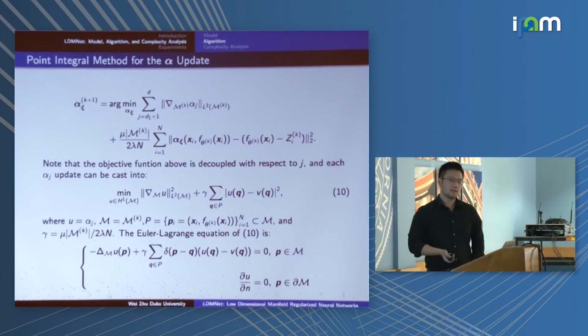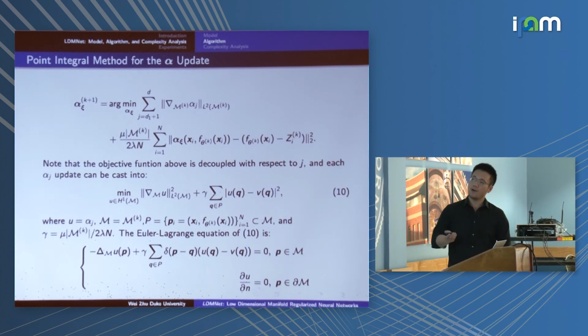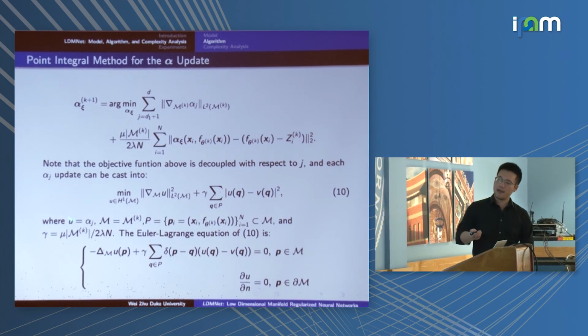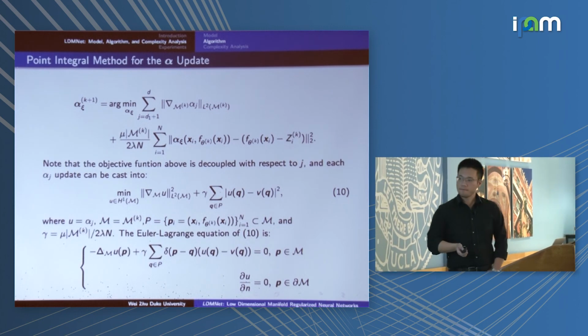And for the alpha update, by looking at this, you'll see that the alpha update is decoupled with respect to j. So every alpha j update can be cast into this form. It's a Dirichlet energy on the manifold plus a quadratic term.